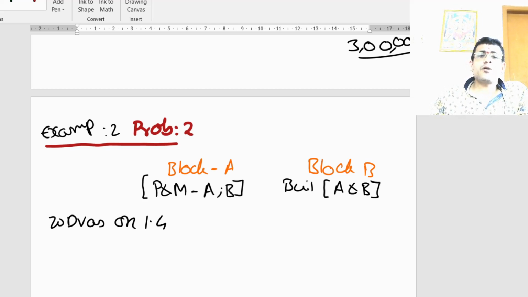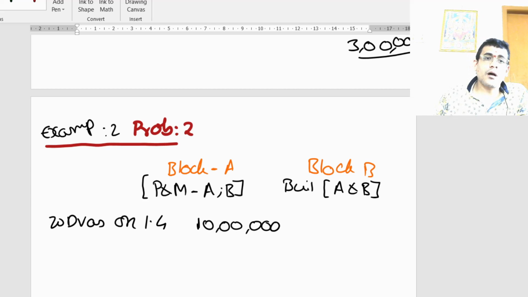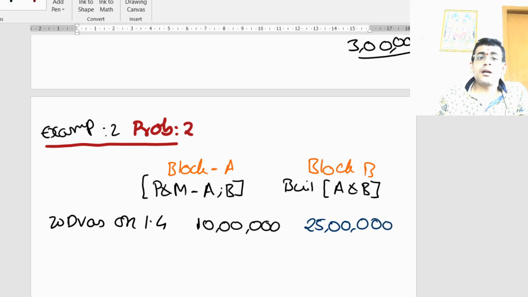The WDV of block A as on 1st April, let us assume to be 10 lakhs. The WDV of the other block, block B, building A and building B, let us consider to be around 25 lakhs. So the total WDV of block A is this, and the total WDV of block B is this. That is the information provided.